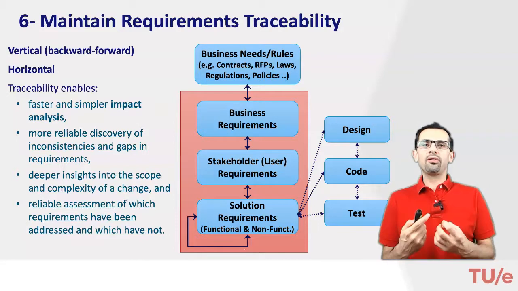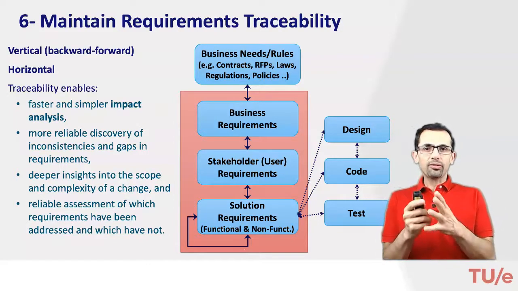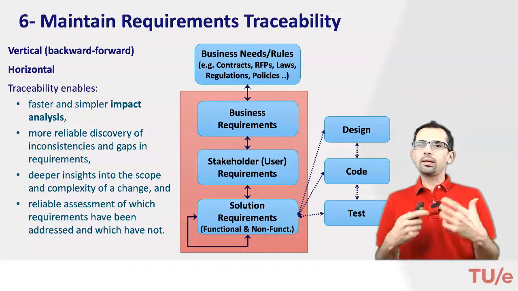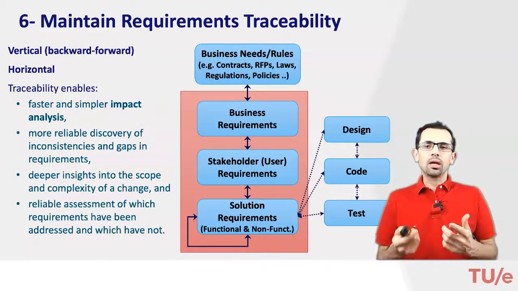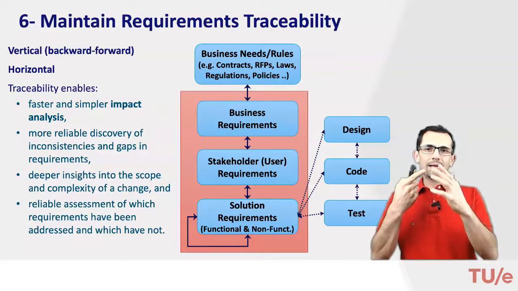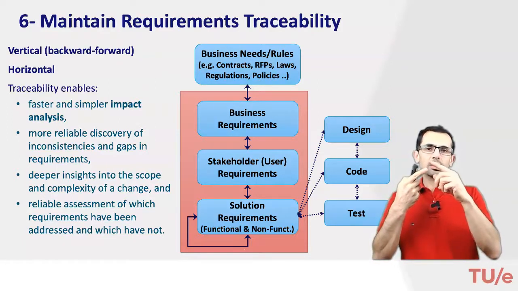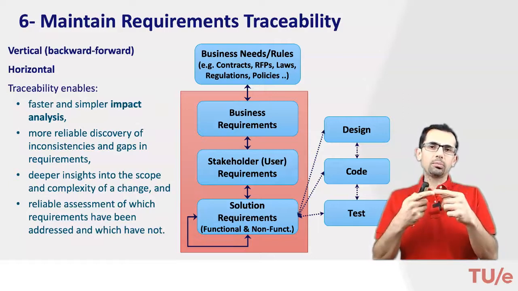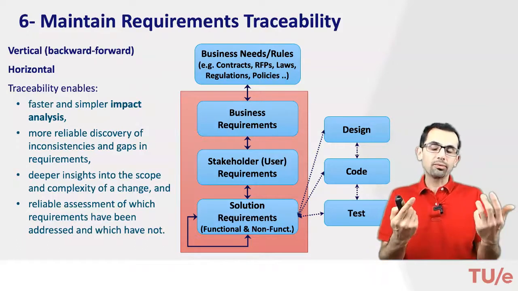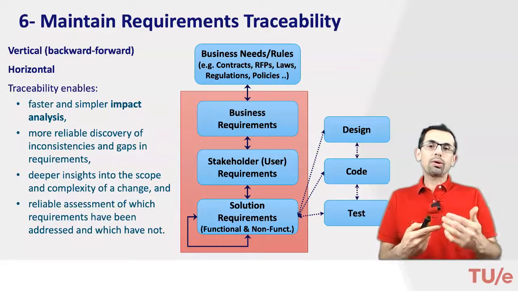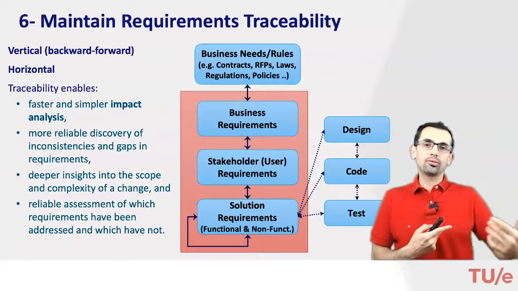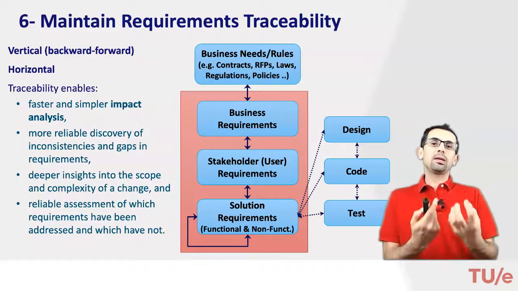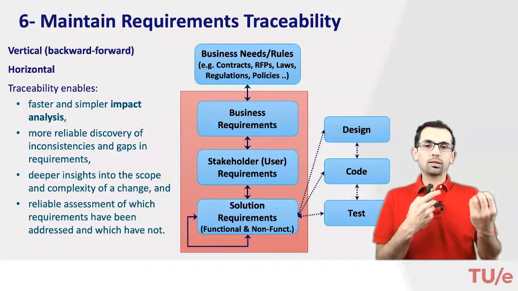For instance, if a business standard, a rule, or a particular thing in a policy changes, we'll be able to understand through the traceability which business requirements are impacted, or which stakeholder requirements are or might be influenced, which solution requirements, design, code, and tests, and so on. So we'll have full visibility on which part is connected to which part.